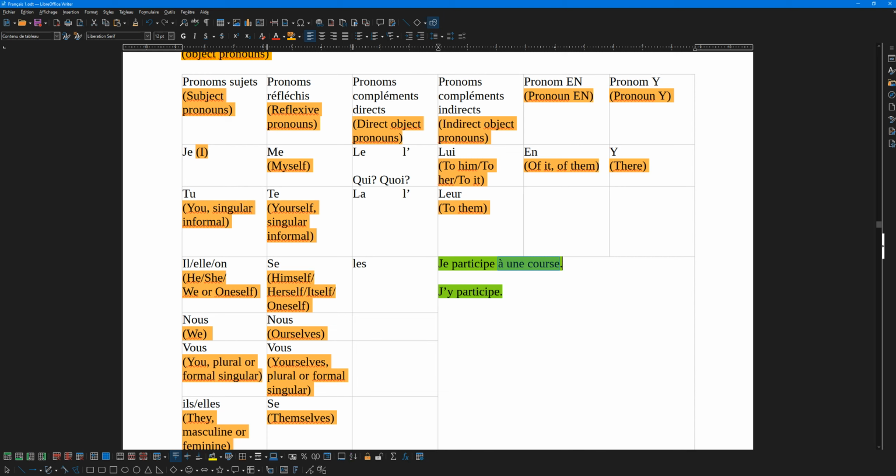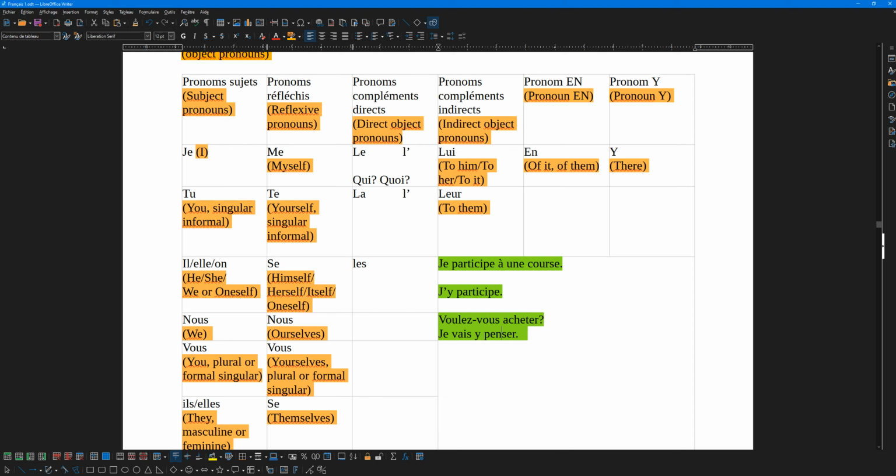Je participe à something. I have another interesting example. When you go to a store and the people that work there want to tell you something, they will ask you the question, voulez-vous acheter? Do you want to buy? And you can say, je vais y penser. I will think about it.